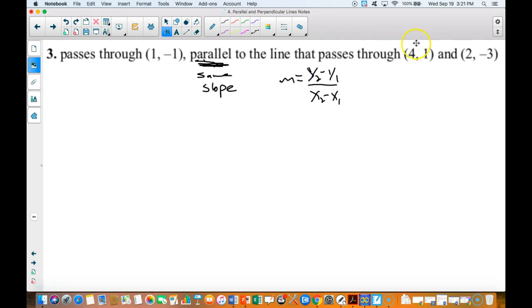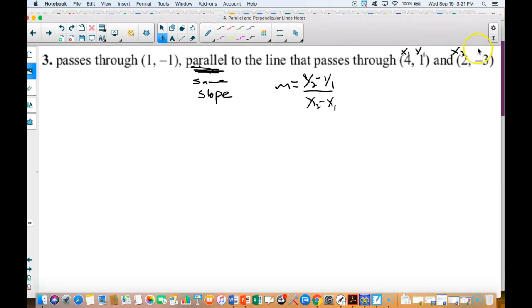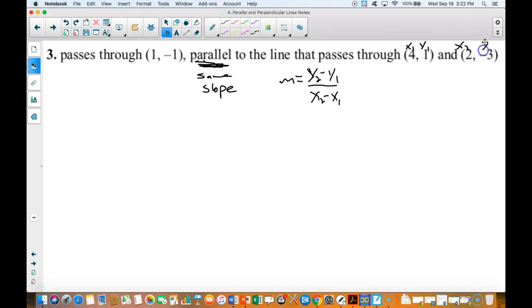So I can label my points x1, y1, x2, y2, and plug them in. So -3 minus 1 over 2 minus 4.